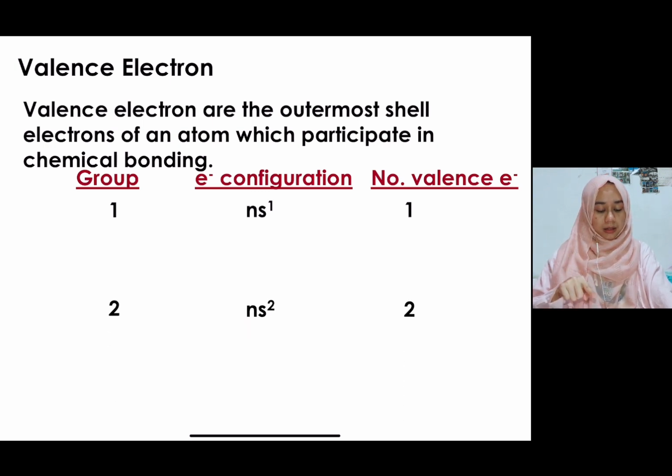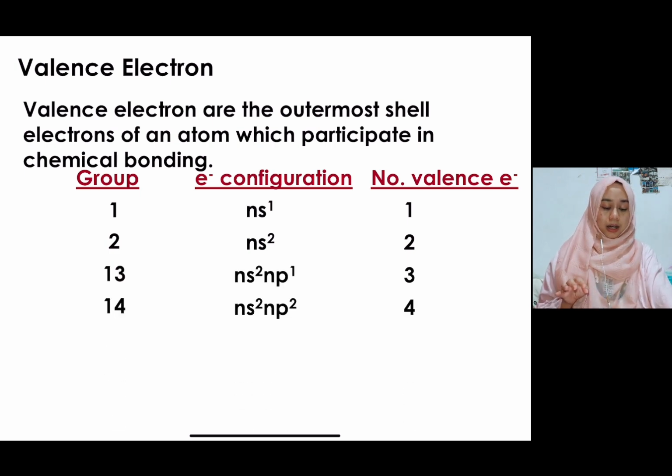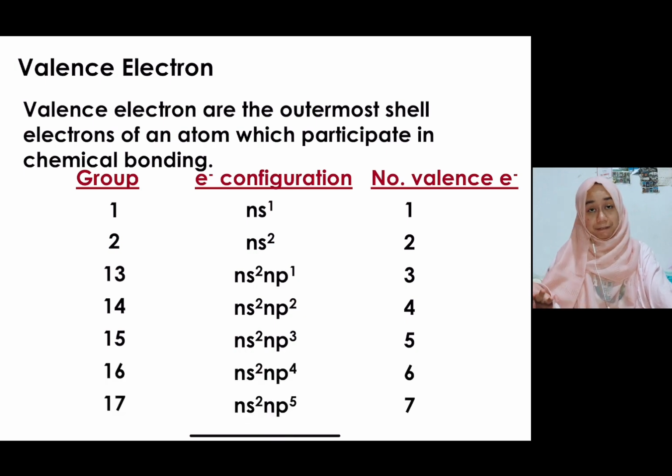Same goes to group 2, meaning 2 valence electrons. Group 13 has 3 valence electrons, group 14 has 4, 15 has 5, 16 has 6, 17 has 7. And group 18 means it has 8 valence electrons.